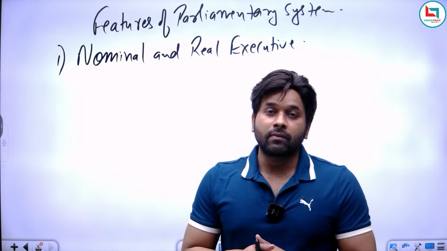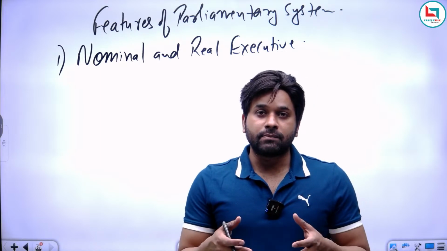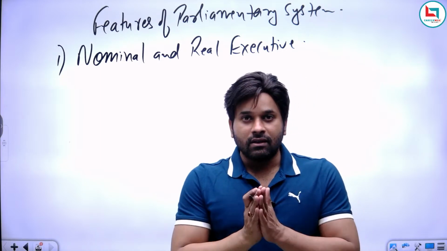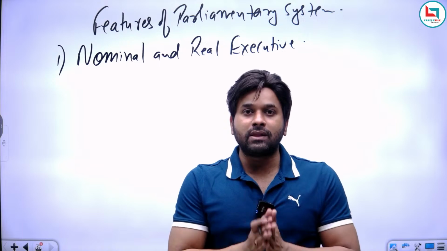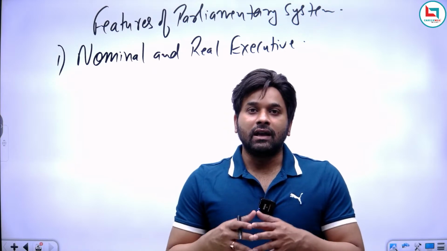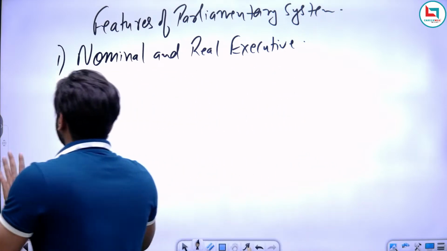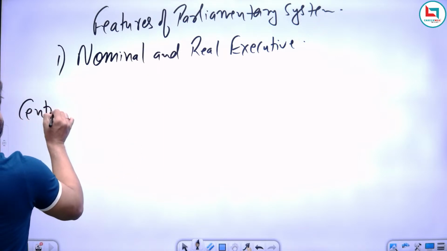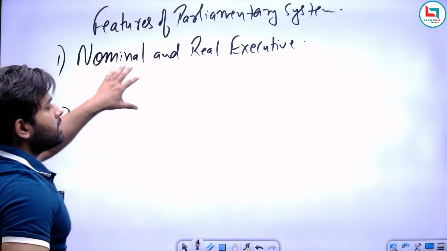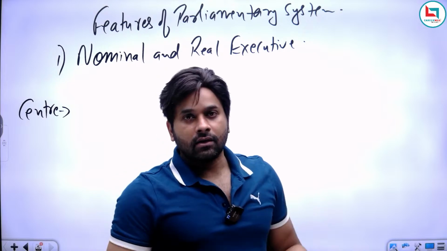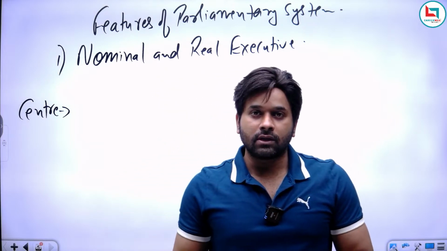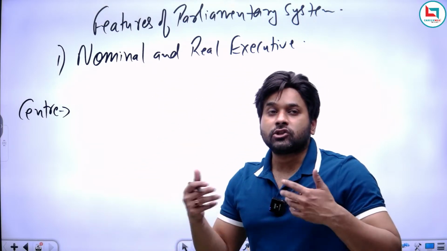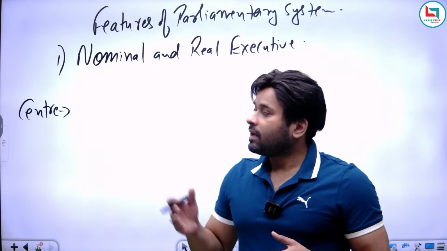Remember, as we all know, this system is present at both levels. So let us see whether the presence of nominal and real executive really exists. First we will check this feature at the central level. Nominal means for namesake, only the name is used, and real means who is actually exercising the power in his name.